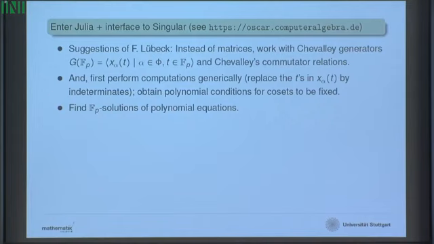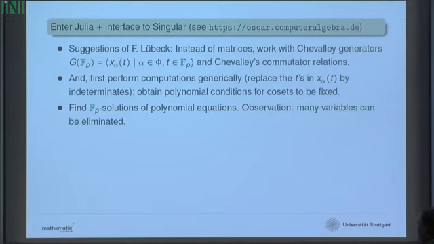So you have a bunch of polynomials, and you have to count solutions over the prime field. And this is, of course, a very hard problem. If you have n indeterminates, well, you cannot run through all the p to the n possibilities. You have to do something else there.